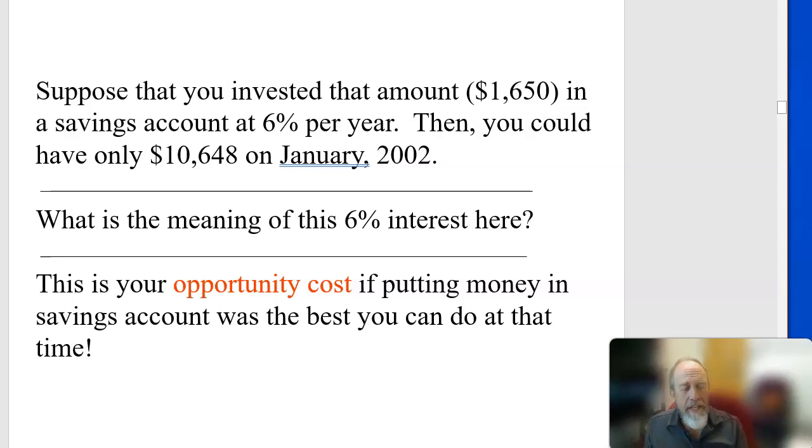Your opportunity cost is that you're not making anything off the money. Okay, and if you've got money, you should be making money off the money. Money should make money for you. There are safe, almost zero risk investments. Nothing is zero risk, but almost zero risk investments, and there are riskier investments.